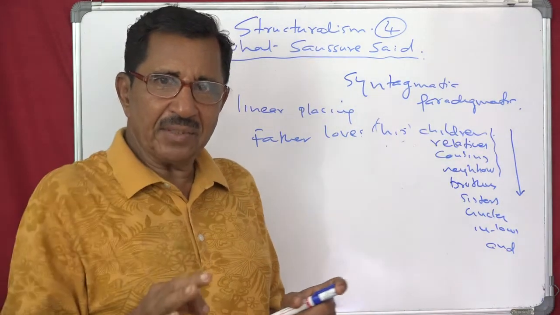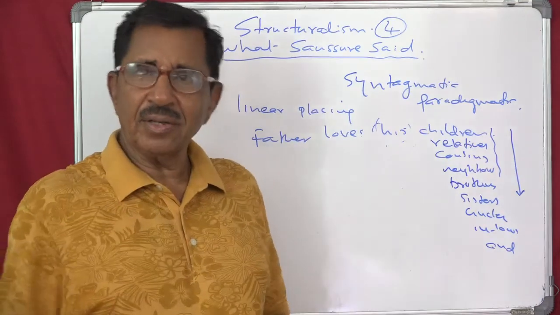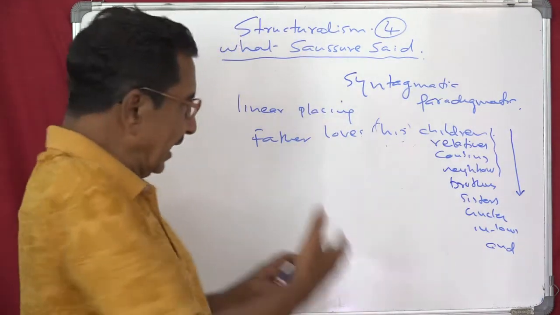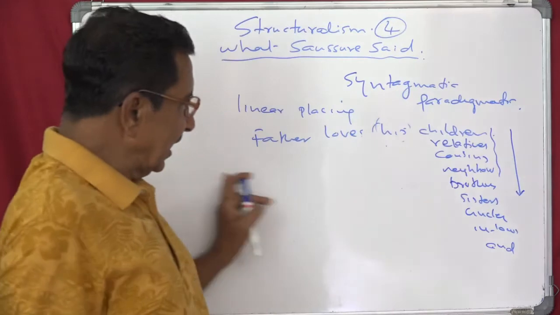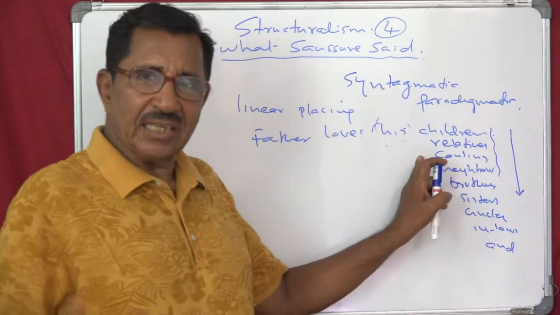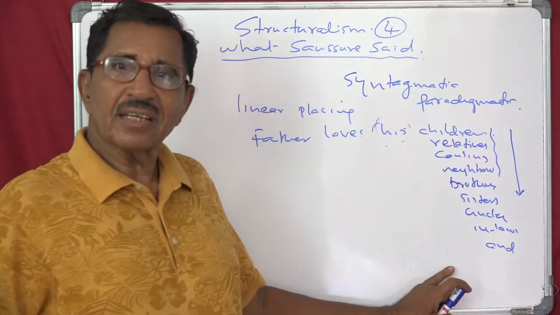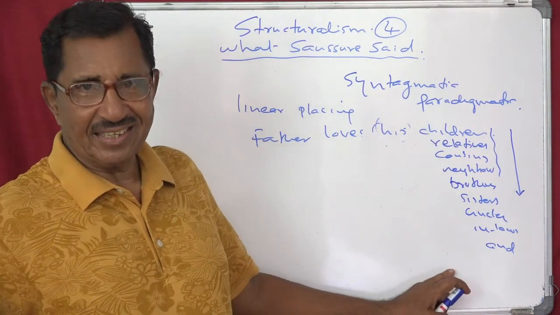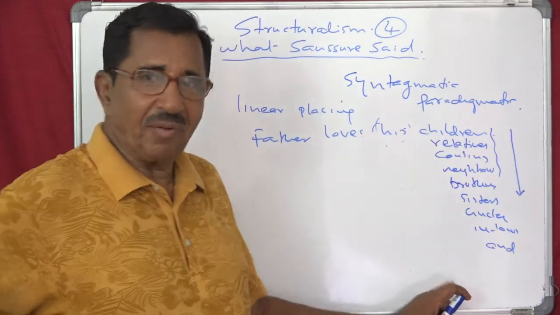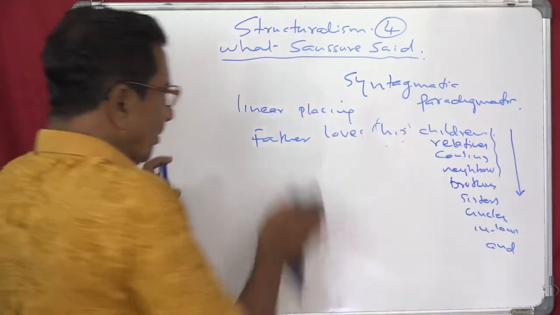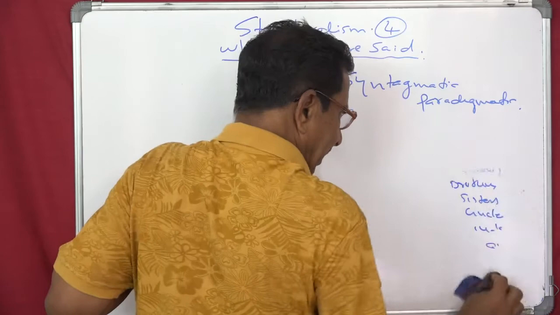When the paradigm is disturbed, the syntagm also will be disturbed. So, linear placing relationship is syntagmatic. Vertical placing relationship is paradigmatic. That's all. It's very important because again I will show you how terrible it can be.